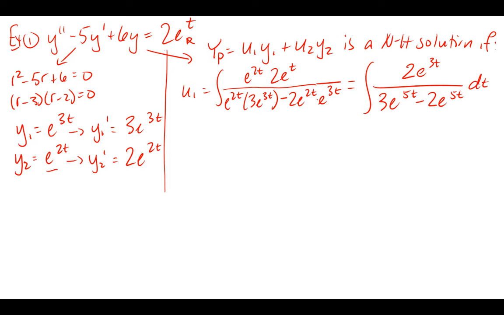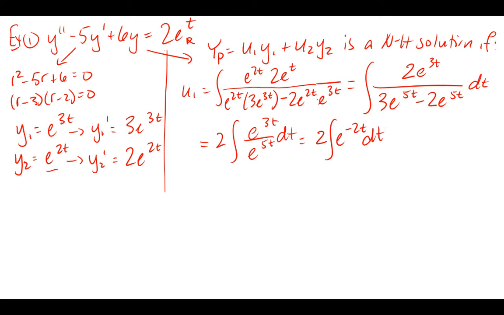So on the bottom, you have 3e to the 5t minus 2e to the 5t, also known as e to the 5t. I have 2 up top, maybe I'll pull that out in front. So I have e to the 3t over e to the 5t. Well, that's not so bad. That's, again just simplifying, e to the negative 2t.